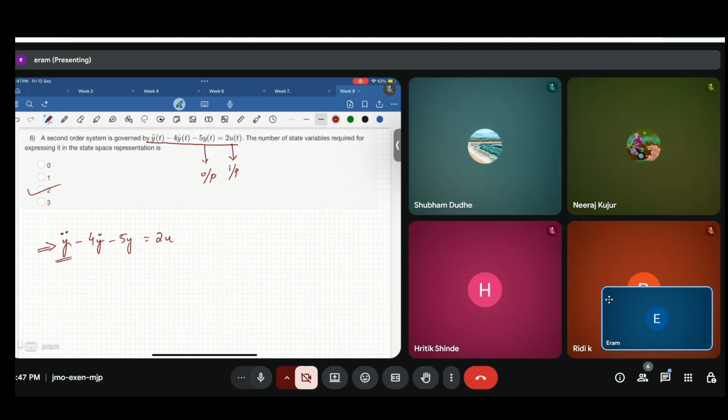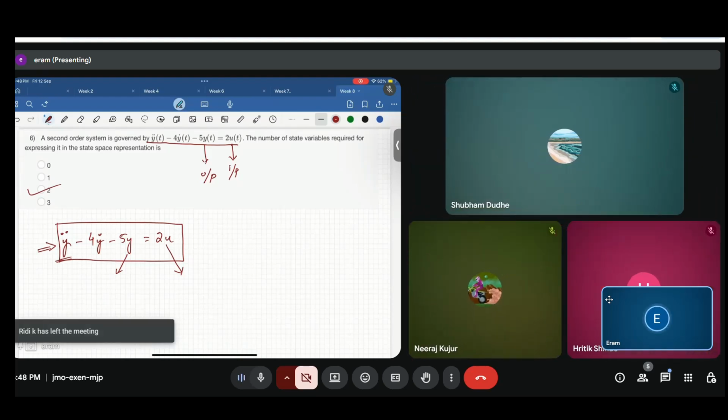Okay. So here you are given a differential equation, right? Which is this one. And this differential equation is with respect to the variable y and the variable u. You are able to identify u as the input. And what is y?